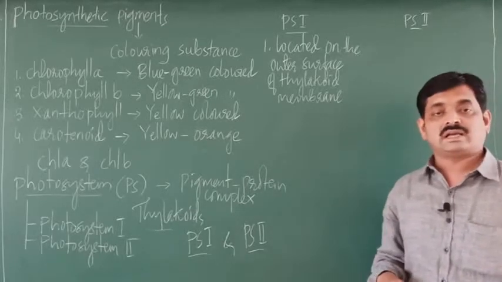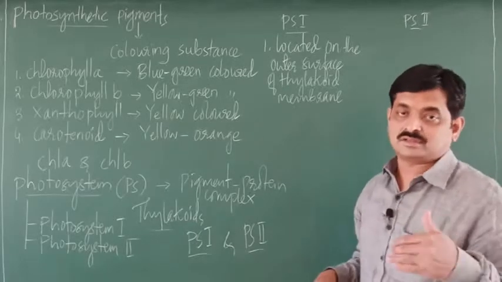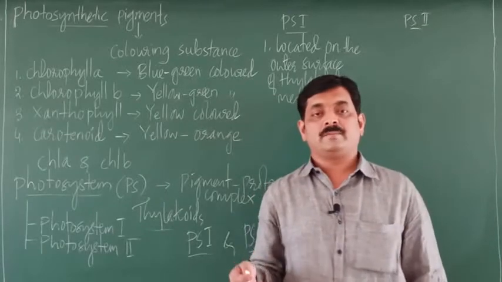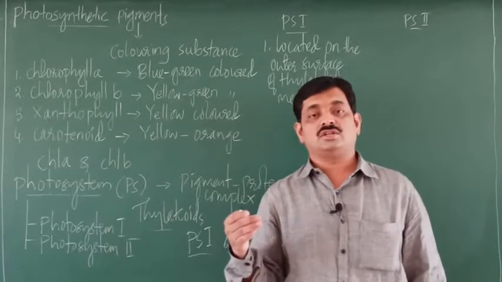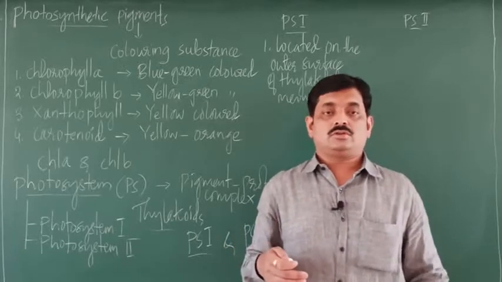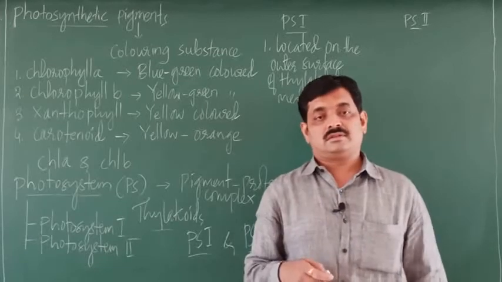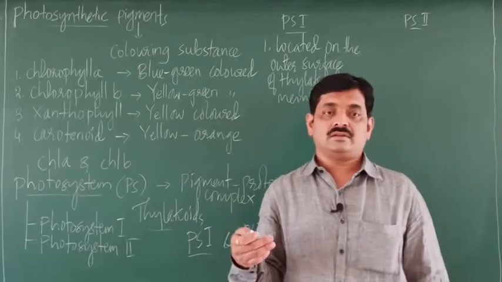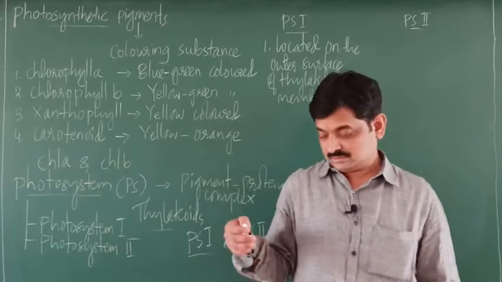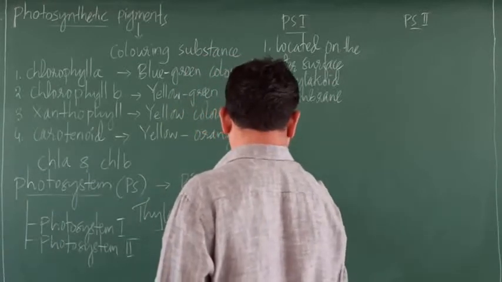What is this thylakoid? Thylakoid we have already discussed in the previous videos while discussing the structure of a chloroplast or the sectional view of a chloroplast. Right? So thylakoid is a flat sac. Thylakoid is a flat sac located in the matrix of chloroplast. So its structure is something like this.